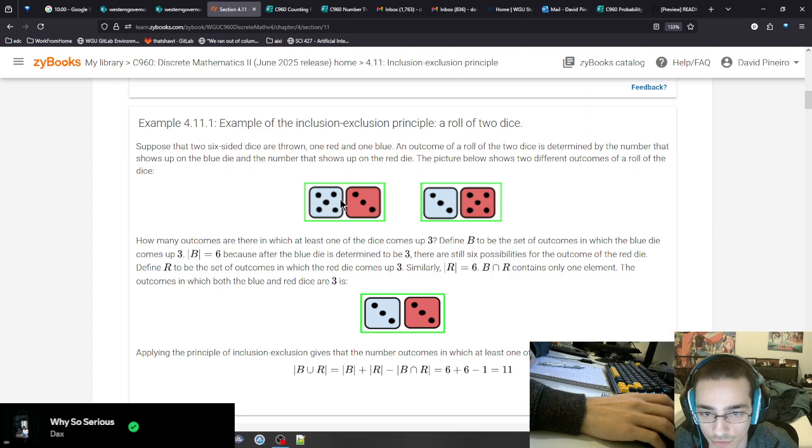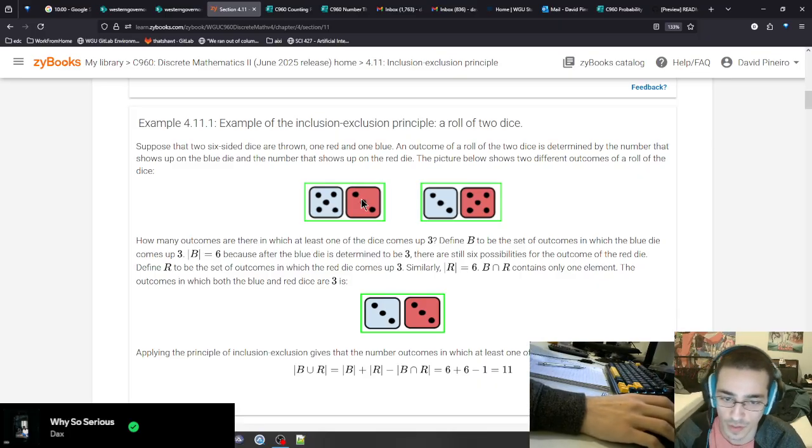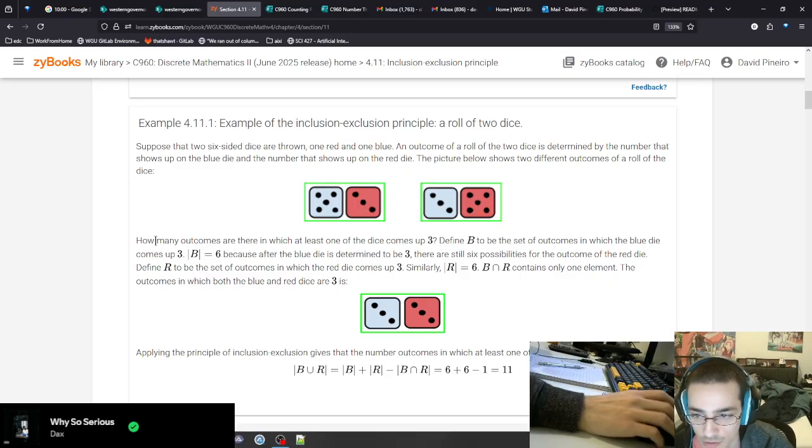So you roll two dice. This is kind of like permutations, because the order matters. They're saying there's a red one and a blue one, but whatever. There's 2 dice. It says how many outcomes are there in which at least one of the dice comes up 3.